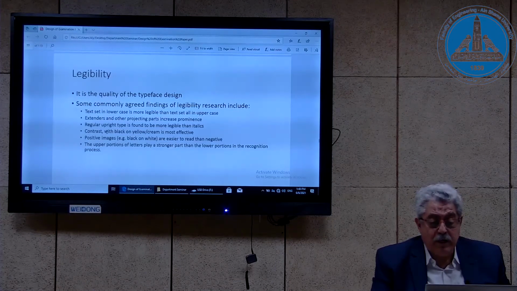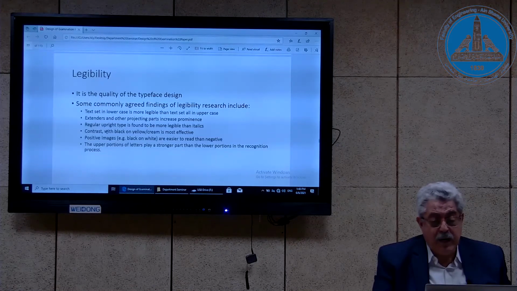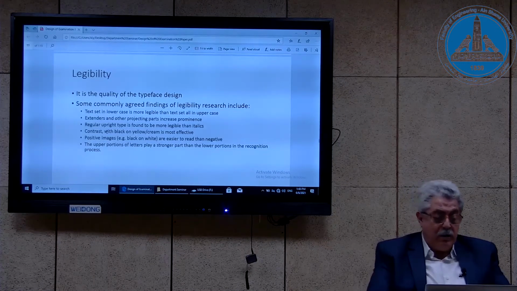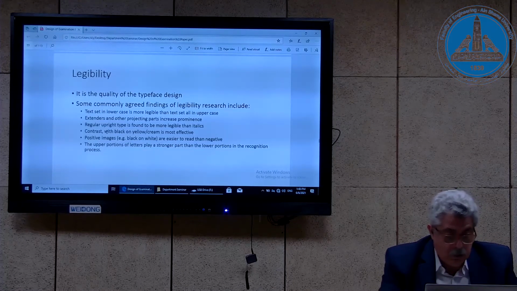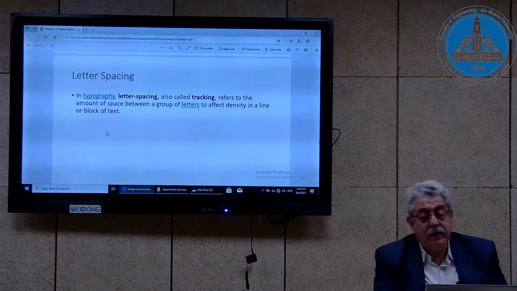Regular upright case is found to be more legible than italics. Contrast with black on yellow or cream is most effective. Positive images, black on white, are easier to read than negative. The upper portions of letters may be a stronger part than the lower portions, and this is derived from typography.